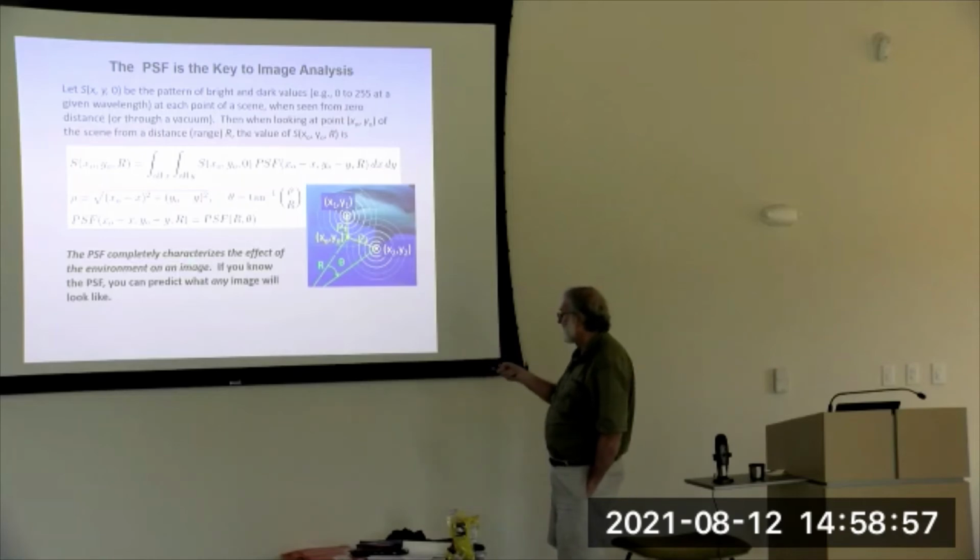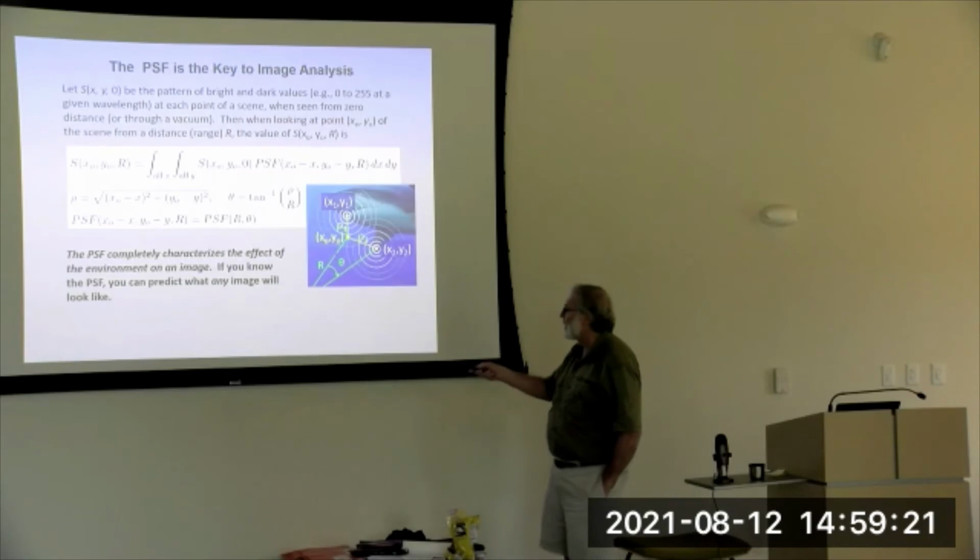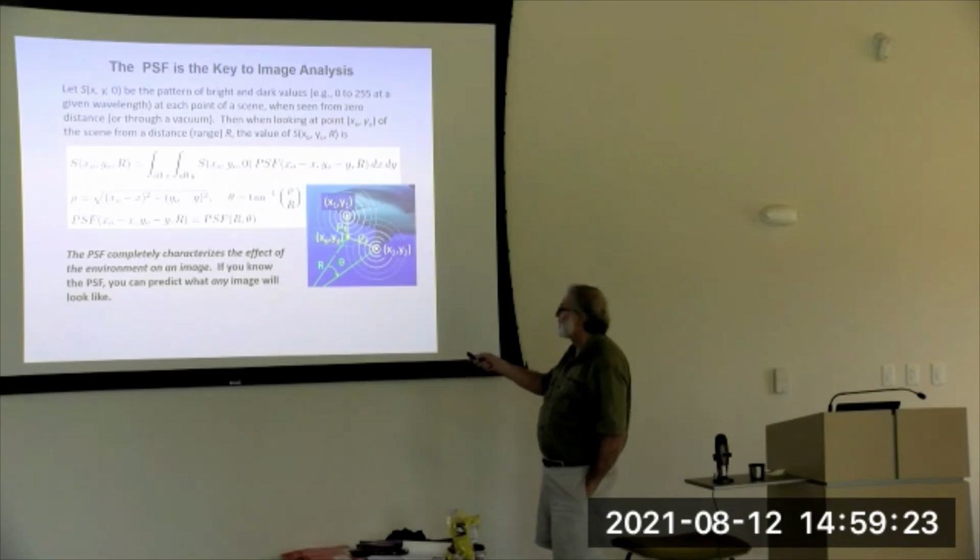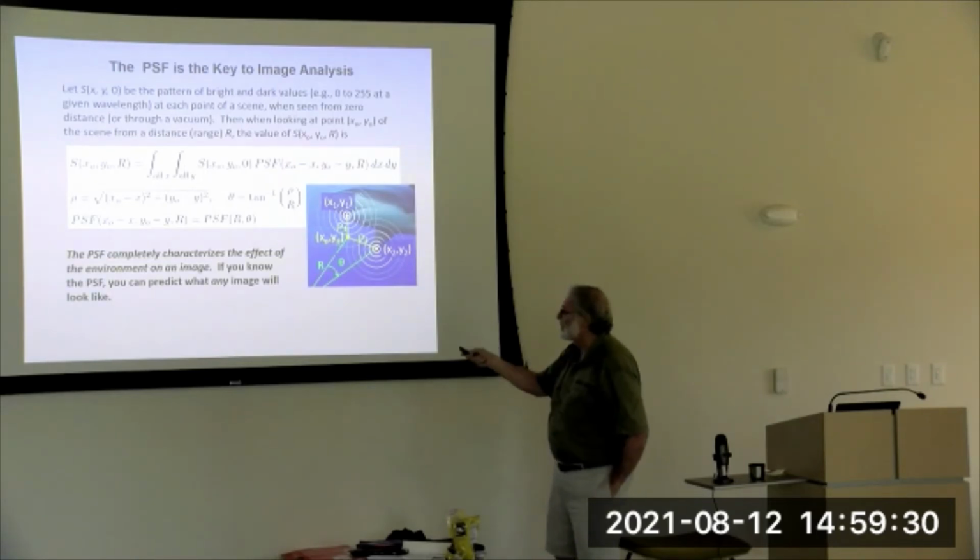And of course, I can convert from X, Y image into a theta angle here, because this little distance here is rho, that's just the square root of X naught minus X squared, etc. And this angle theta is tangent, or this is rho over how far away I am, r. So I can compute a point spread function as a function of r and theta, and then convert it back to values of X and Y, and use this equation here.